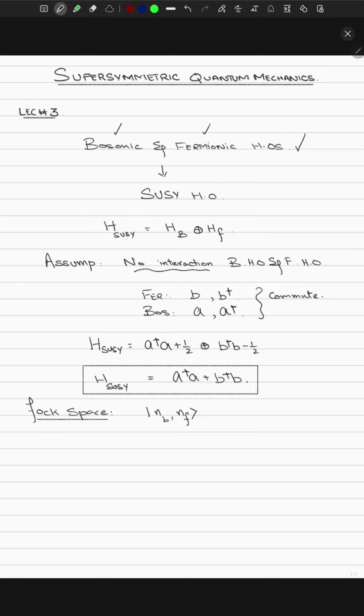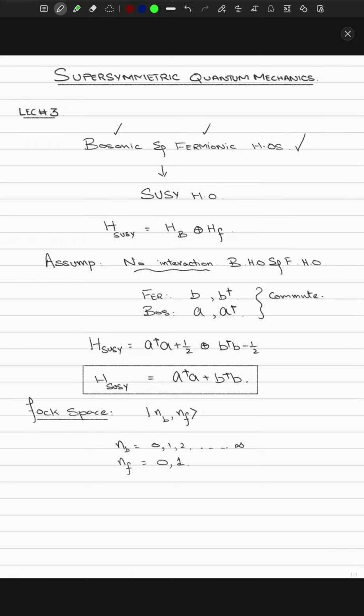Now the point to note over here is that NB can take any values from 0, 1, 2 up to infinity, and that comes from the definition of a bosonic system, and NF can take values 0 and 1. Only these two values are allowed for NF, and that again comes from the definition of a fermionic system, right? Okay, good.